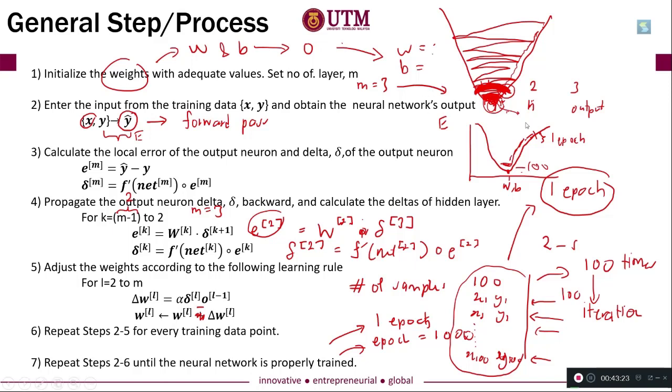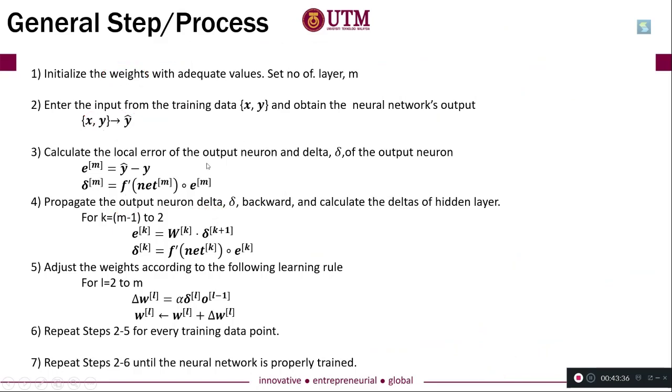Okay, the other thing I would like to highlight in this slide is that when I explain this example, I set my M equal to 3, which is similar to the example that I gave you before, where the first layer is the input layer, then you have the hidden layer, then you have the output layer.